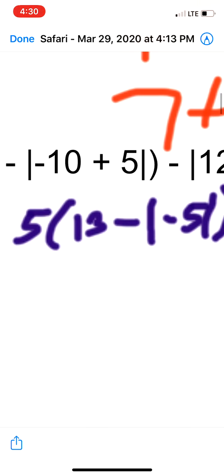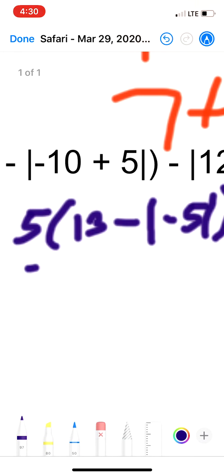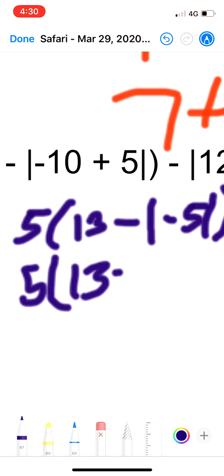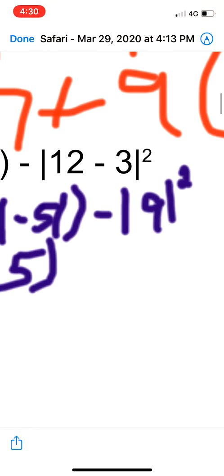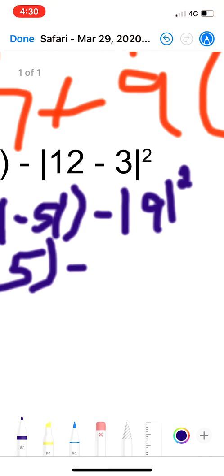In other words, again, I'm writing everything else. So I have 5, parenthesis, 13, minus. The absolute value of negative 5 is positive 5. So there goes the absolute value marks. Parenthesis. Okay, so I'm dealing with that separately from this one. Over here, I have the absolute value of 9, which is 9. So I brought down my minus sign, and I took away my absolute value bars, and I'm going to put the 2 back up as an exponent.